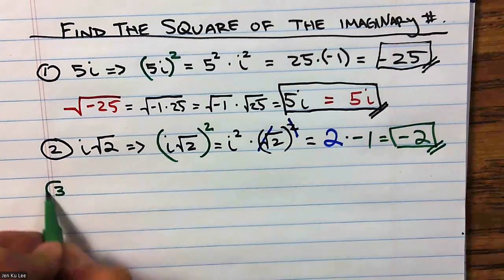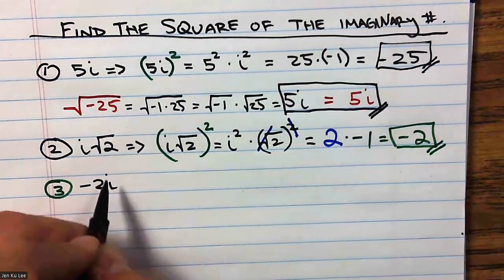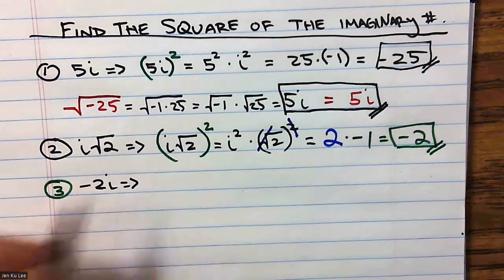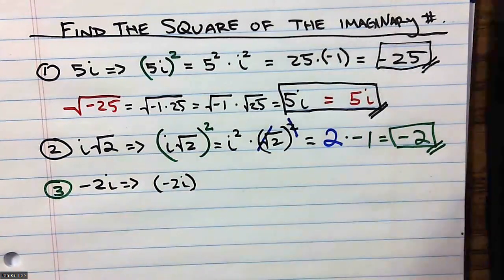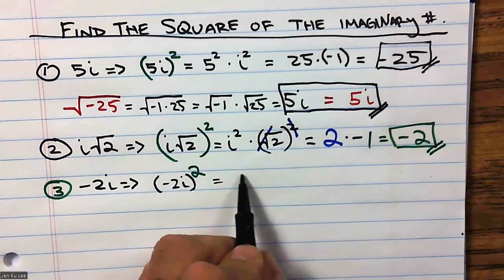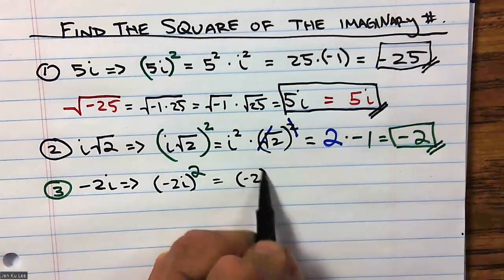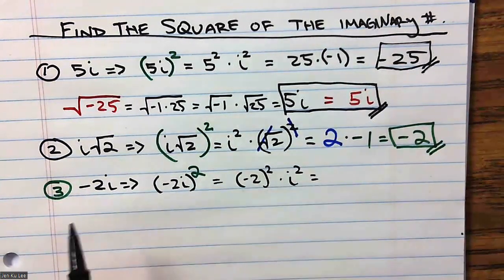Our third, negative 2i. If I square negative 2i, I'm going to end up with negative 2 squared times i squared.